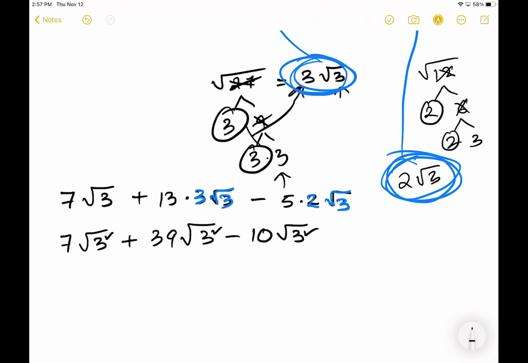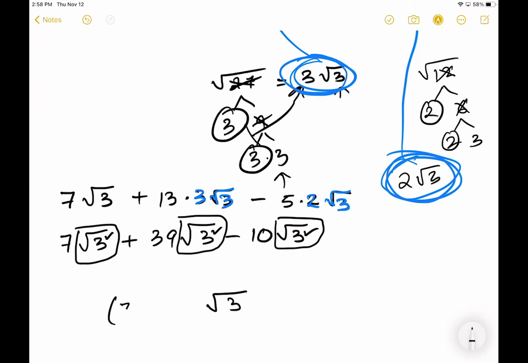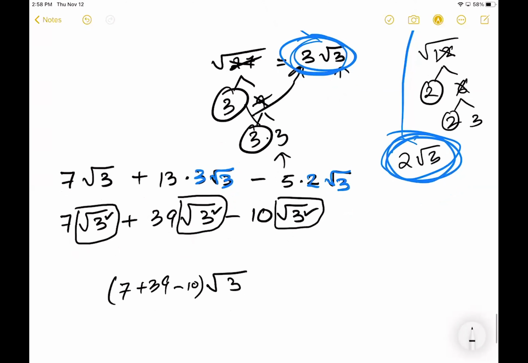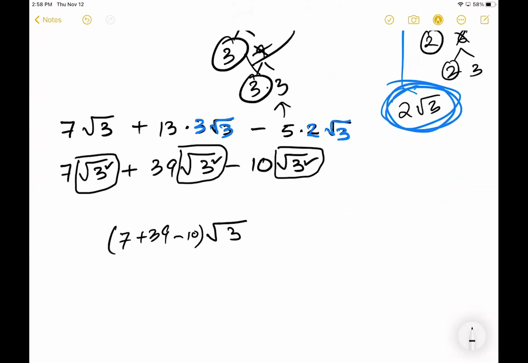After one manipulation, the square root of 3 is the same for all items. So how many square root of 3 do you have in total? Well, you have 7 plus 39 minus 10. You know that 7 plus 39 gives you 46. 46 minus 10 gives me 36 square root of 3.